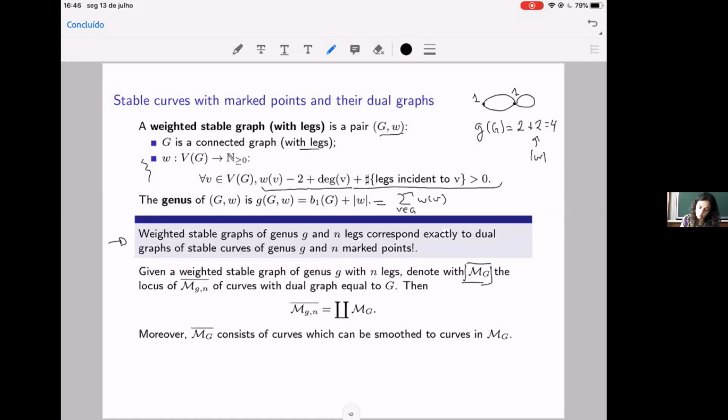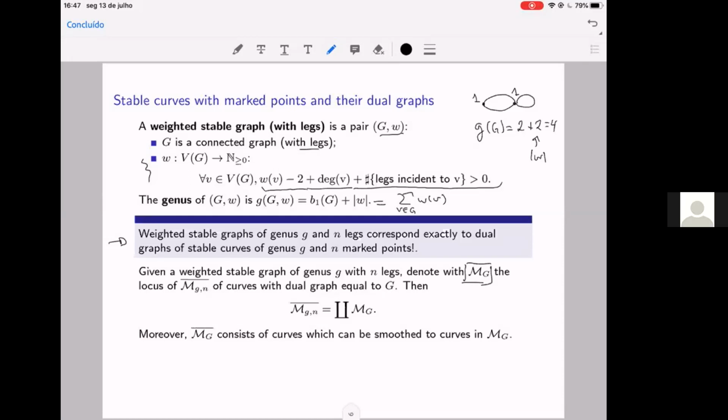Maybe I should have chosen some example where the total weight was different from the first Betti number, but anyway. So what can we do? We can consider inside the moduli space of stable curves with markings.